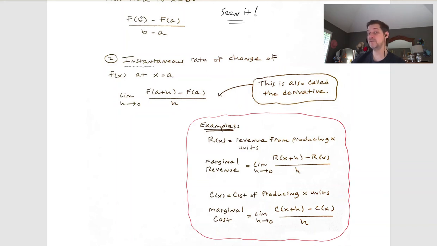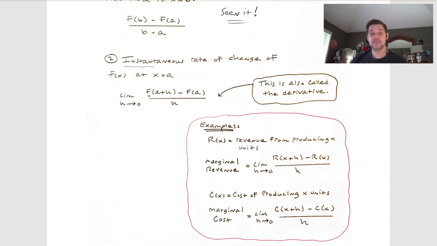It's really the same thing as the average rate of change if it weren't for this limit, okay? And we'll find what this limit does is push these numbers b and a right up against each other. The truth is, that's the only difference between the average and the instantaneous rate of change. They are the same thing, but this limit pushes these numbers b and a right up against each other, okay?